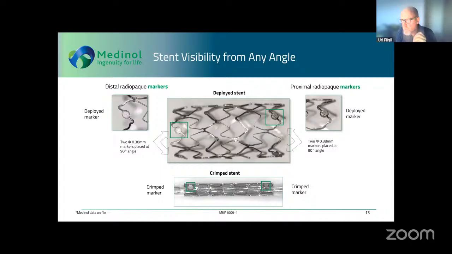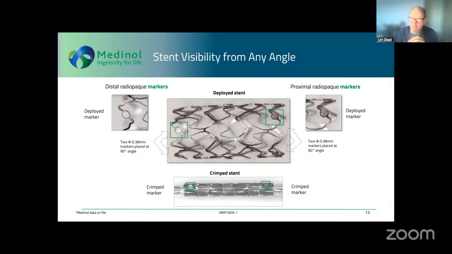With regards to our RadioPAC markers, the need from physicians during the last decade was to reduce the strut thickness. Reducing the strut thickness made the stent less visible under angio. Hence, we understood that we needed to add the RadioPAC markers in order to increase visibility.